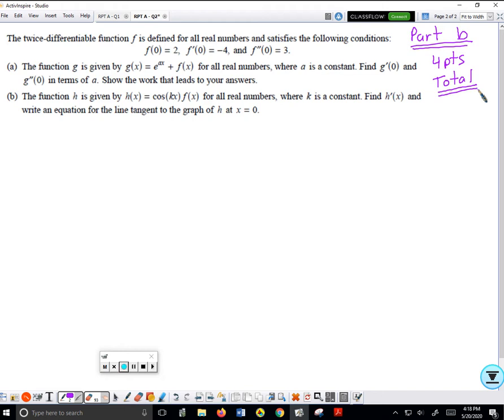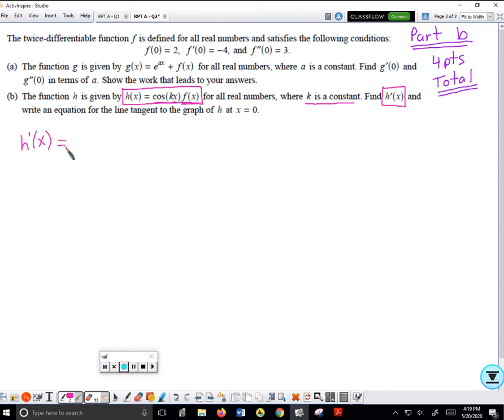Okay, function h is given by this formula. K is a constant. Find h prime of x. I should stop there and do that. So I write h prime of x. Okay, this is one function multiplied by another, so I have to use the product rule.